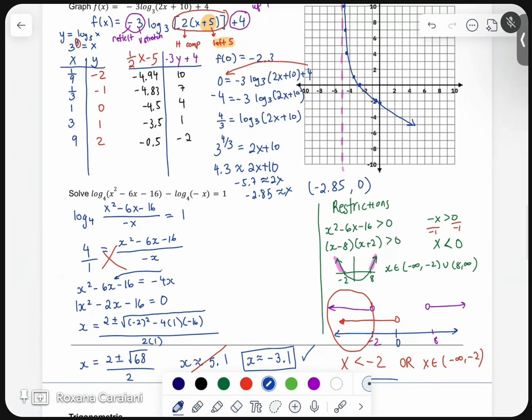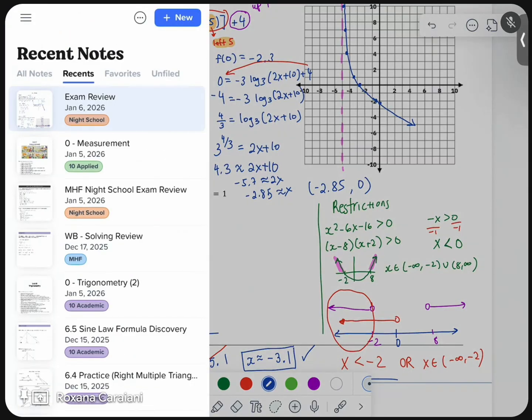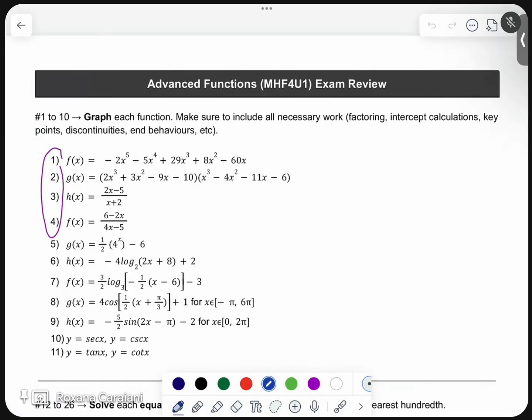Okay. So, in terms of our review, I just want to highlight, if you were following along yesterday doing the polynomial and rational, what the goal for tonight should be. So, in terms of graphing, I have an exponential, a log, and a log in questions 5, 6, 7.